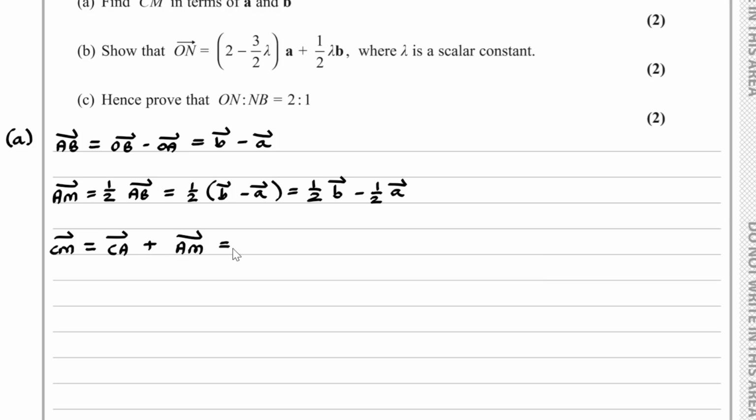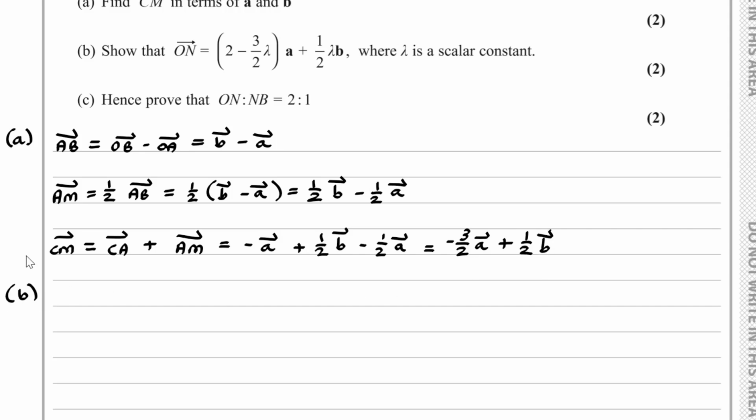So we have CA, which is equal to minus a, plus AM, which is 1/2 b minus 1/2 a. Working this out, we get minus 3/2 a plus 1/2 b. So that's the vector CM.